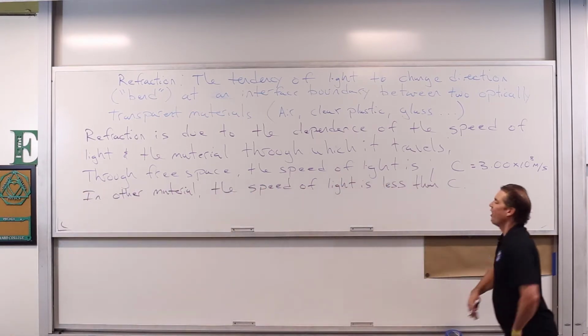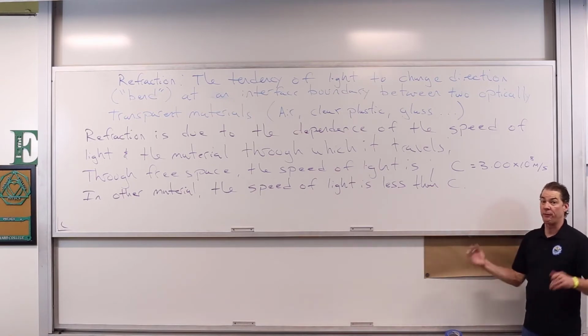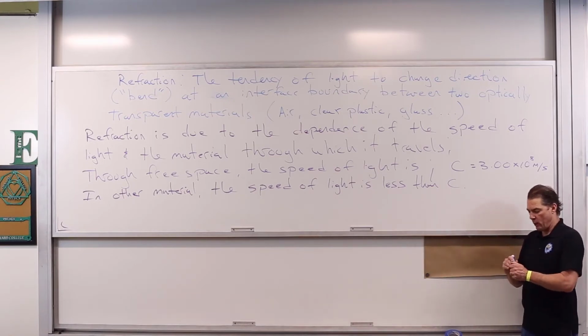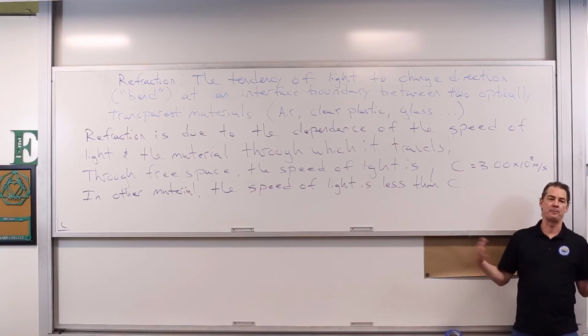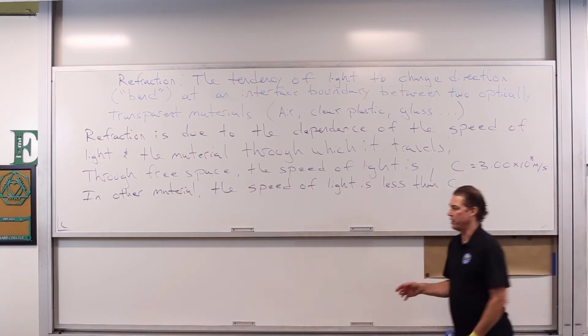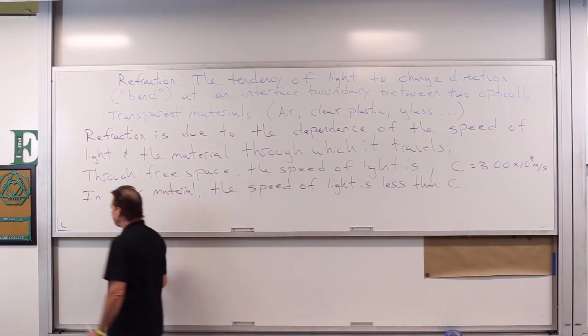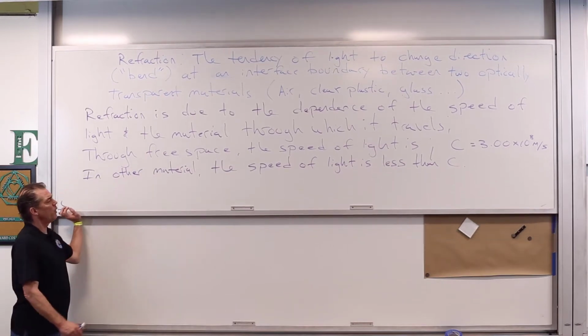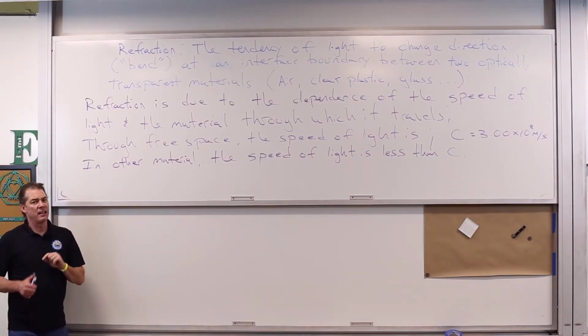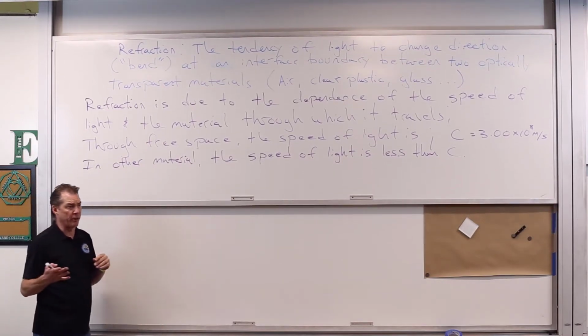So we don't want to call it c anymore. C is reserved specifically for the speed of light in a vacuum. So we have to have some other speed, and we just call it speed v, the speed of light in a given material. Well, what we do is ultimately define something about a material.